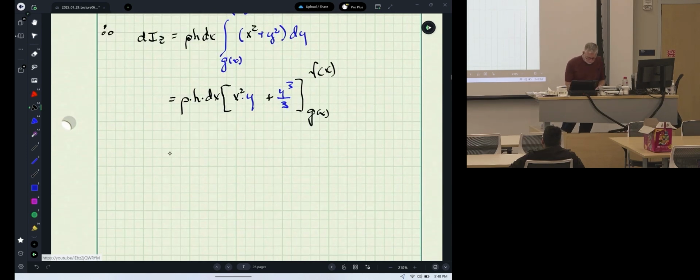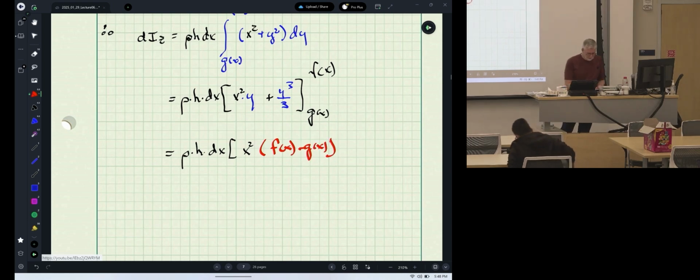And now I'm just going to plug everything in. Rho times h times dx. This is x squared, and the y evaluates to f of x minus g of x. And then plus, can I squeeze that in?